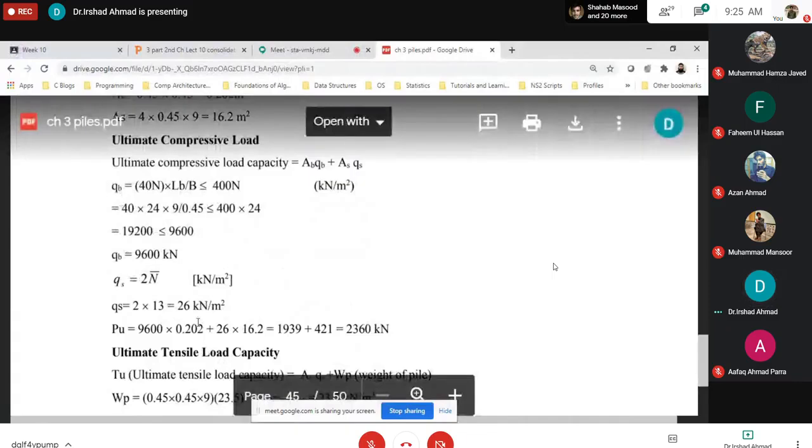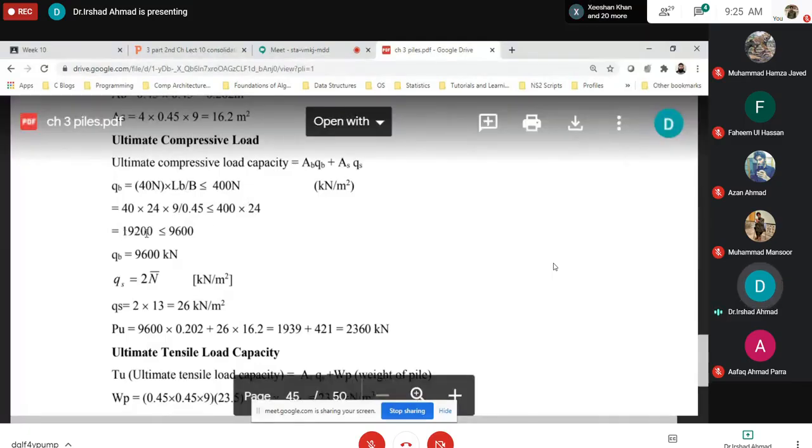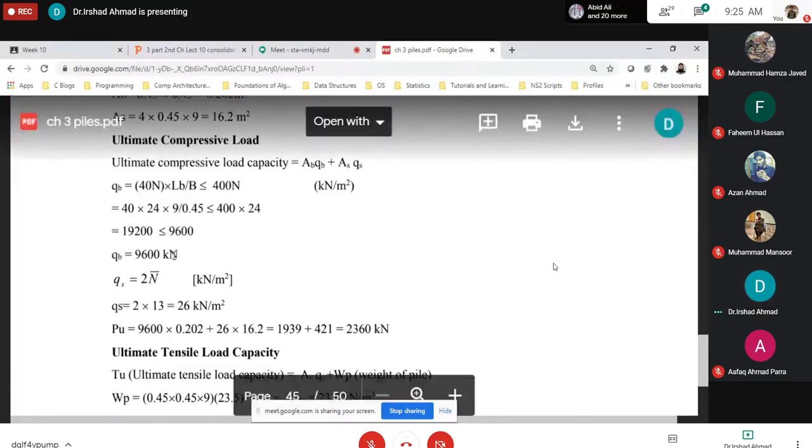QB is 400 into N, LB over B. N at the base of the pile is 24, LB is 9, B is 0.45, and 400 into 24 is 9600, and this is 19,200. This has to be less than this, so your QB is 9600.